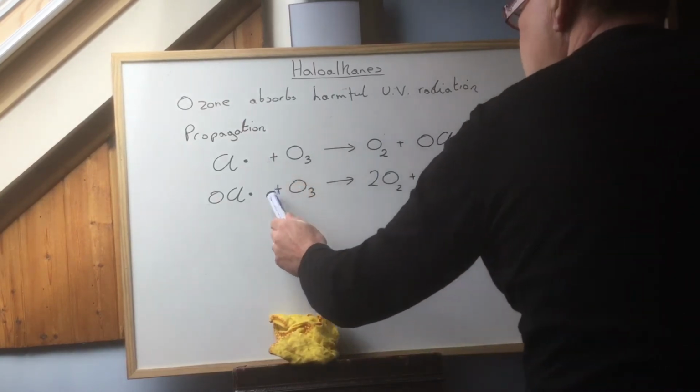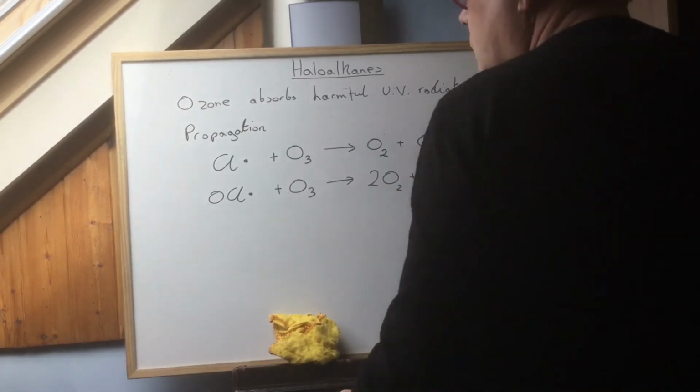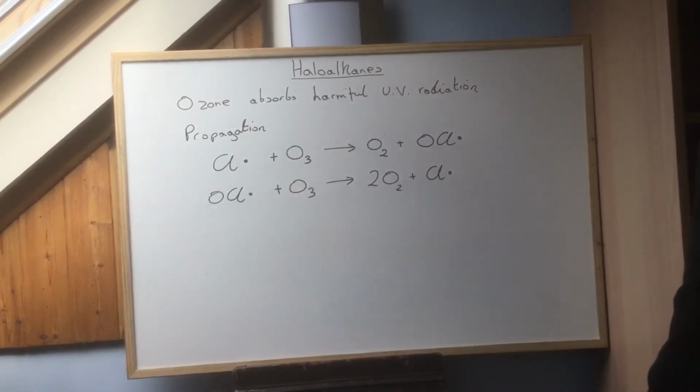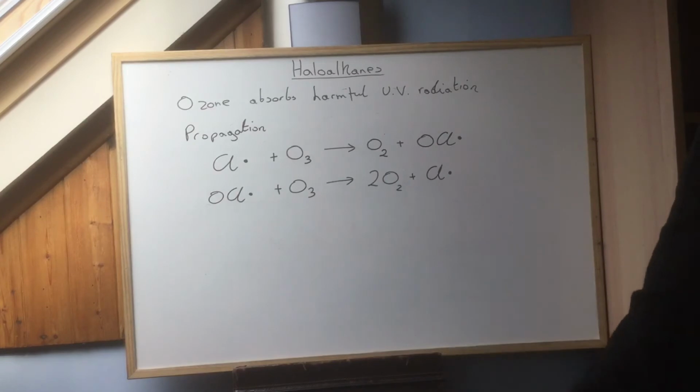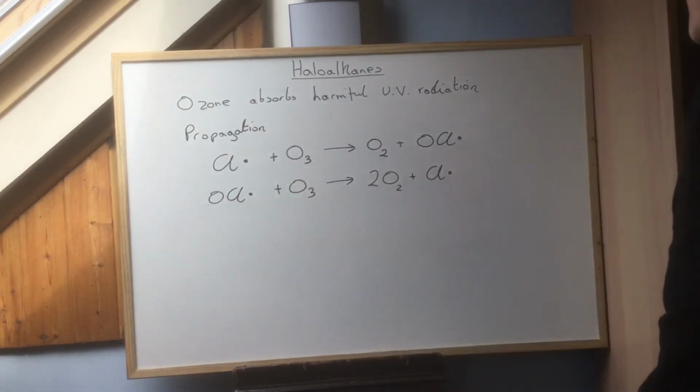So those are the two propagation steps that are involved, but we can play with those a bit. This is quite an interesting technique that you meet later on when we're doing rates of reactions and developing reaction mechanisms. You can put these two equations together to create an overall equation, just the same as you would with anything else.